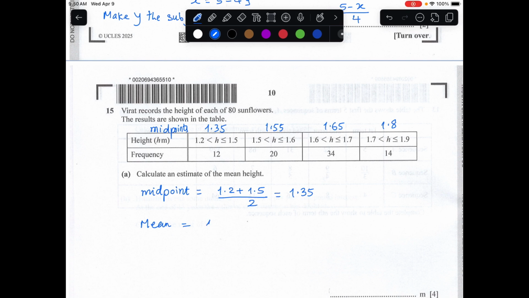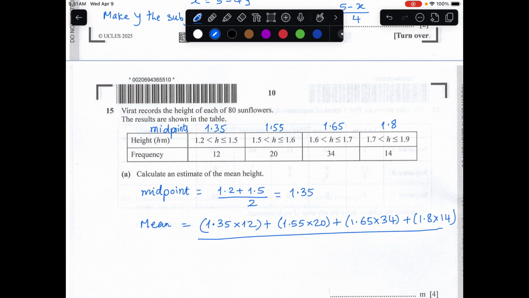Mean is just going to be the sum of these, so multiply the midpoint with the frequency and keep adding. And you add all of the frequencies as well.